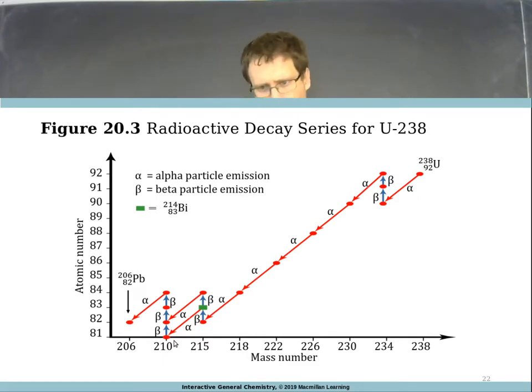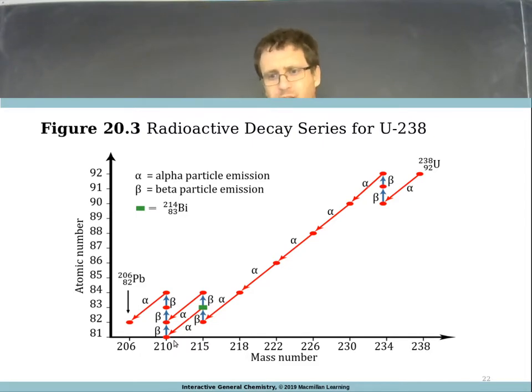On our x-axis we have the mass number, and on the y-axis we have the atomic number. And so alpha decay is going to go down and to the left diagonally. Beta decay, which keeps the same mass number but increases the atomic number, is going to jump upward.